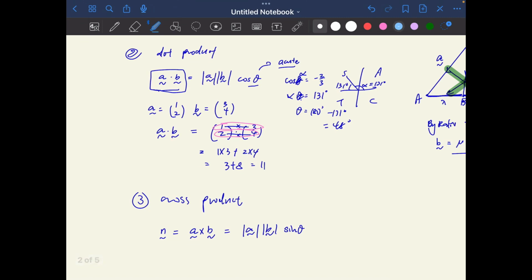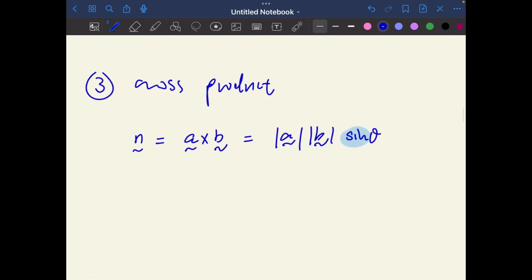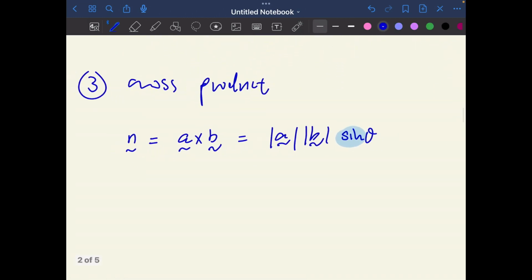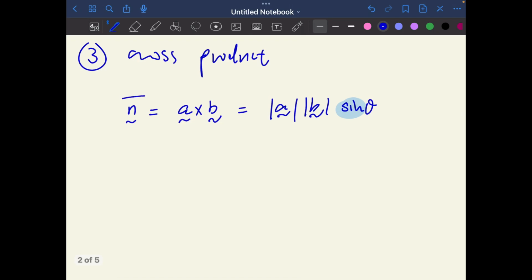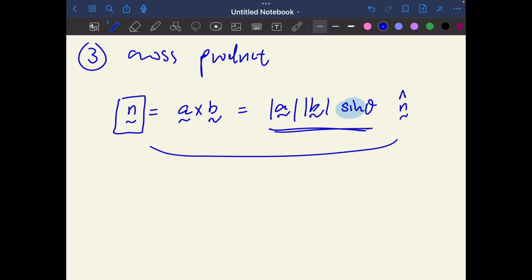The dot product has cosine theta, but the cross product has sine theta. Because a cross b gives you a vector n, and this is technically a scalar, we need to add the unit vector of n to make this a vector.